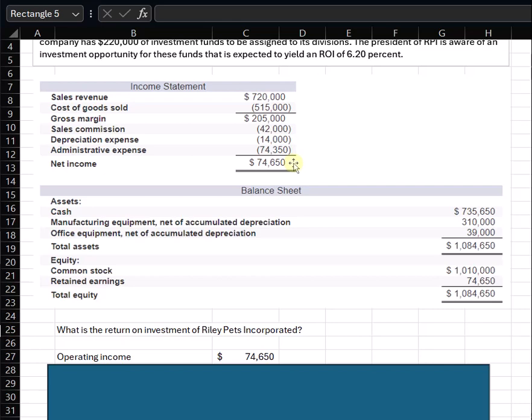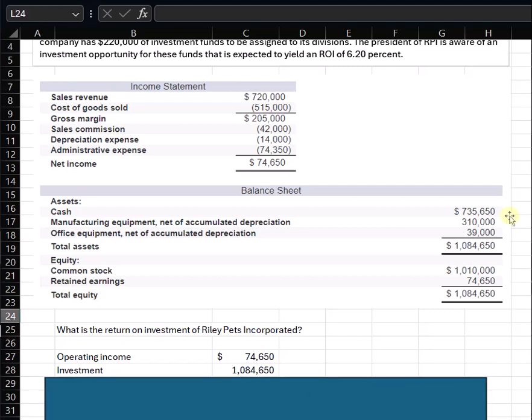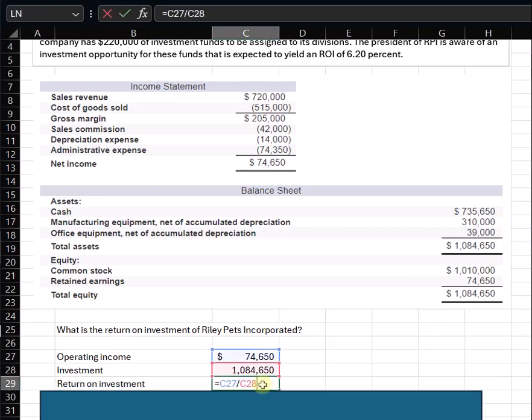So we've got operating income of $74,650, and the investment is the total assets, which come to $108,460. To calculate return on investment, we simply divide the $74,650 by the $108,460.